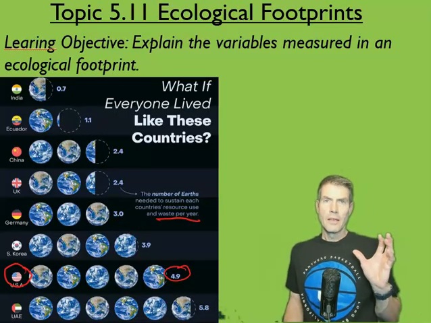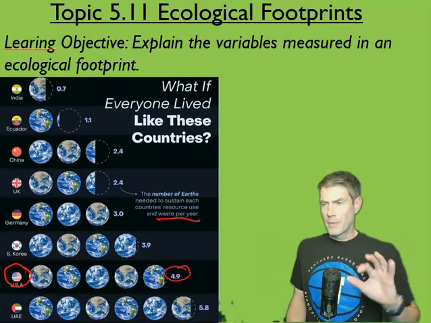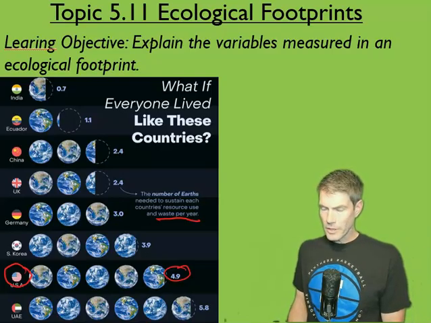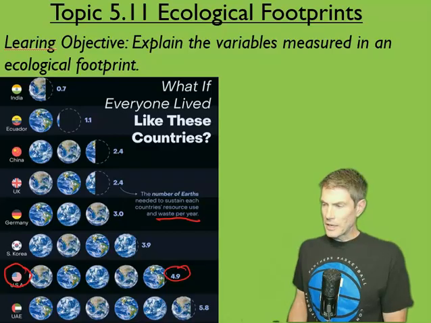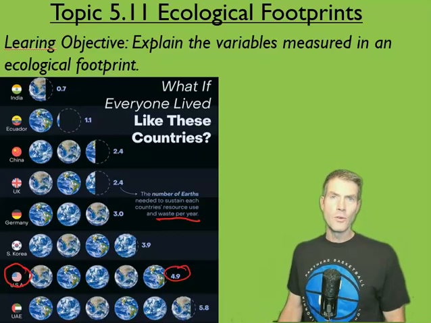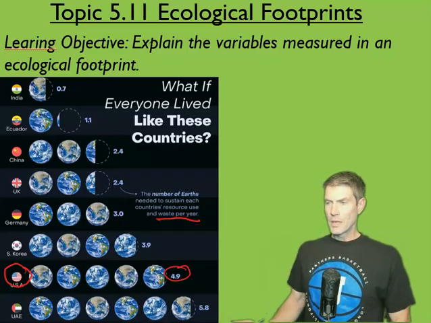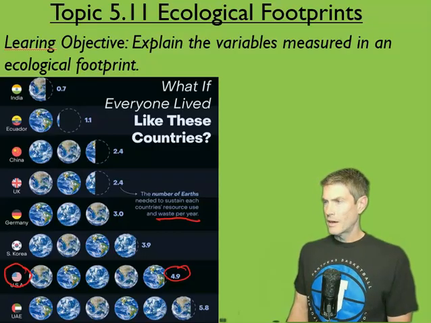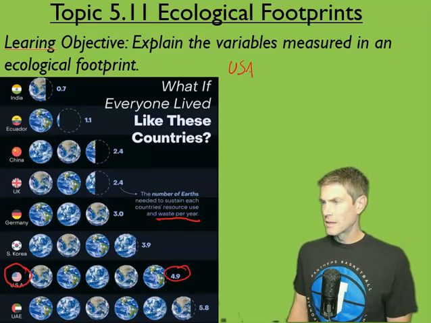The people living there are basically in balance with what the Earth can provide. So it's good that not everybody lives like people in the United States or the UAE, because we wouldn't have much left.